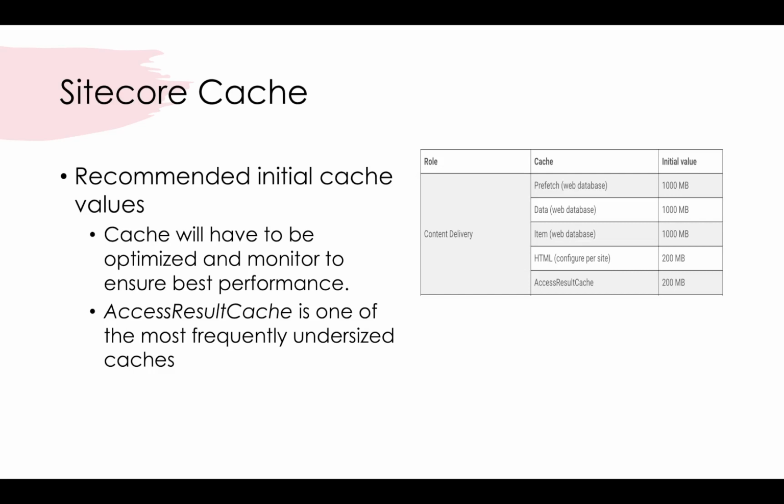So the recommended settings are much higher than the default settings. For example, prefetch data and item cache should be set to 1000 megabytes. Access result cache, even though it says 200 megabytes right here, I would recommend going to 500, because access result cache is typically one of the most frequently undersized caches.